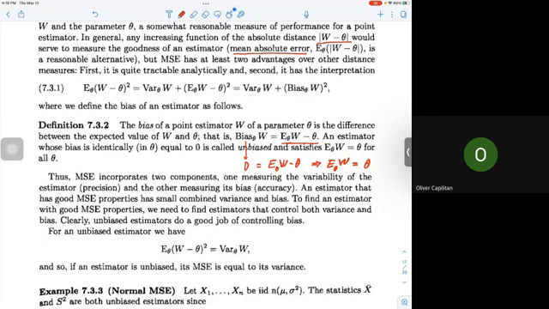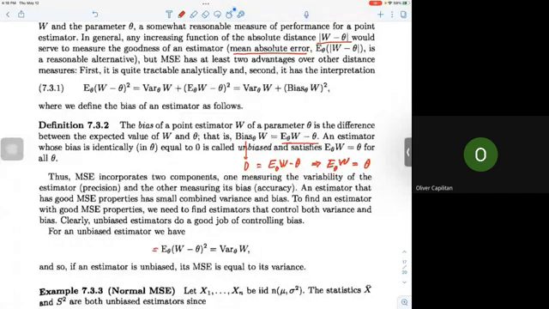So to find an estimator with good MSE properties, we need to find estimators that control both variance and bias. So clearly, unbiased estimators do a good job of controlling bias. Kasi ang bias is equal to 0.